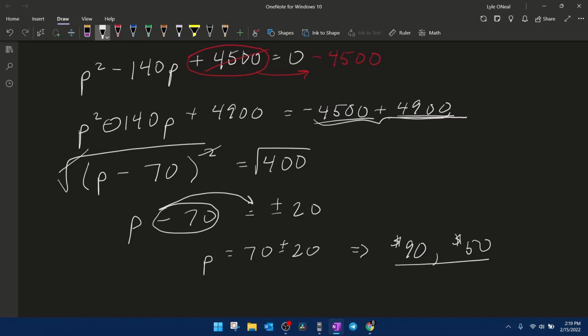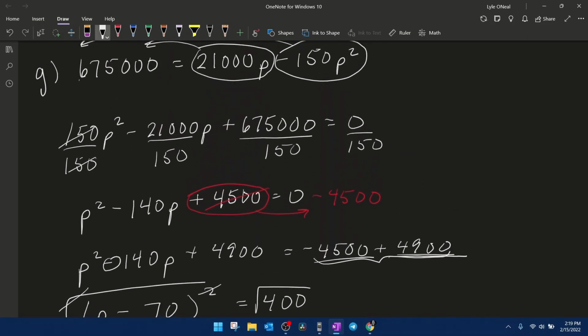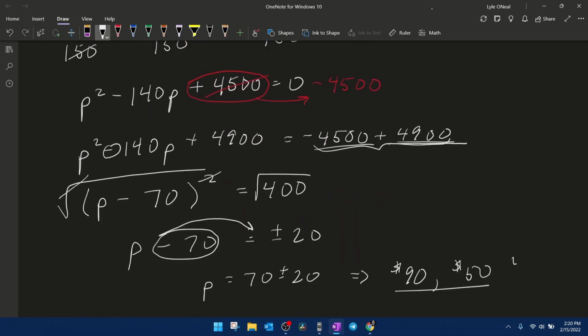And these are the two prices that we need to stay between in order to keep our revenue at 675,000 or greater. And that's going to finish it up for this particular example.